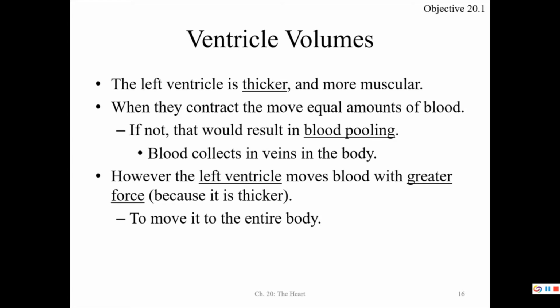Now, that can happen. Blood can pool in parts of the lungs. Blood can pool in the legs, for example. Blood pooling in the legs collects in the veins. And one of those things is that they don't hold the same volume, but they move the same volume, or they should.